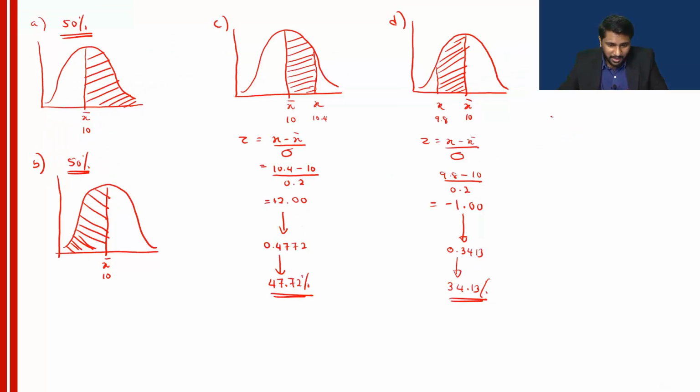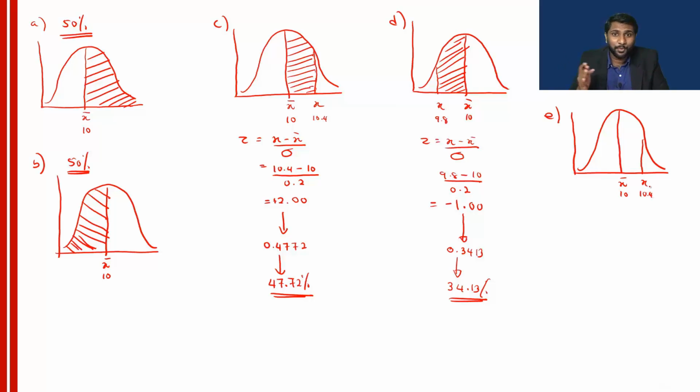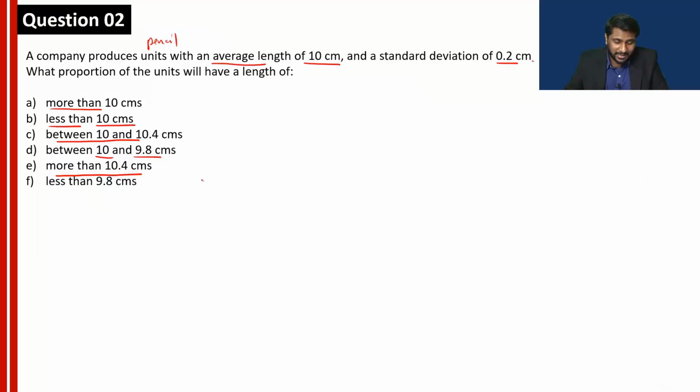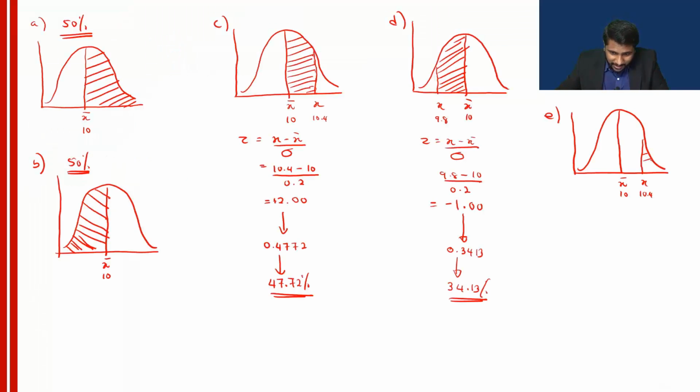This is part E of the question. So the bell curve, mark the mean x bar 10, x variable 10.4. They are asking for this particular area.